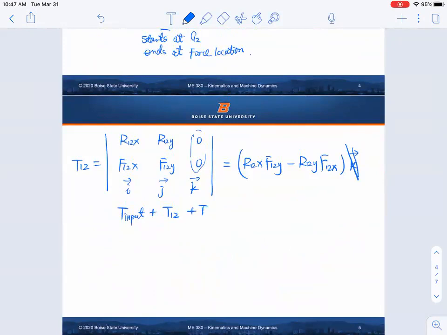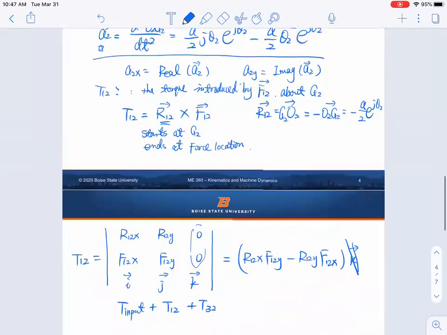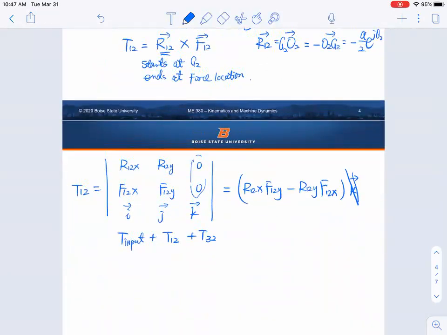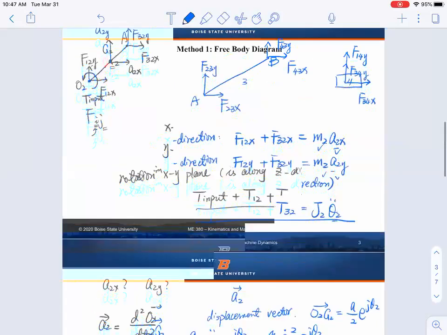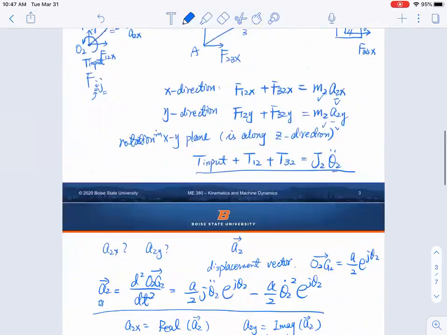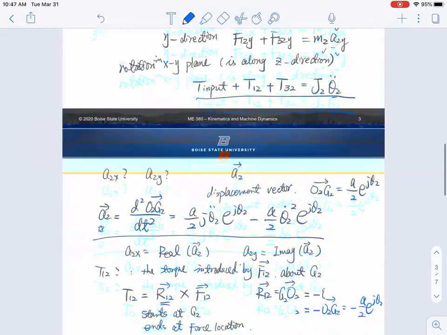And then what is that? T32, right? Can you calculate what T32 is? That's the benefit of choosing the center of gravity as the rotation center, because then everything is symmetric.